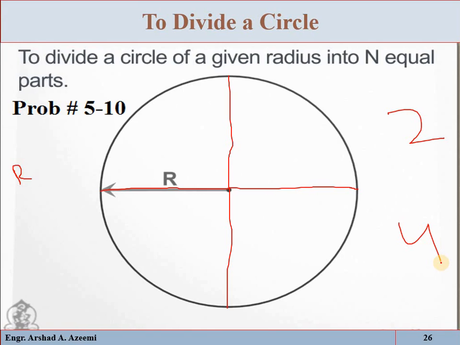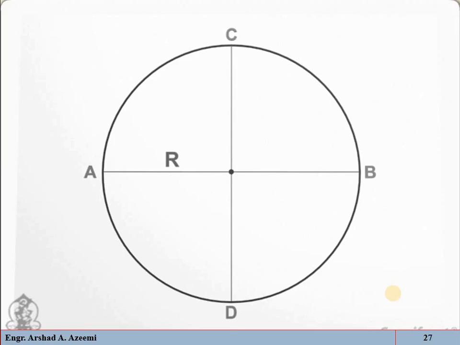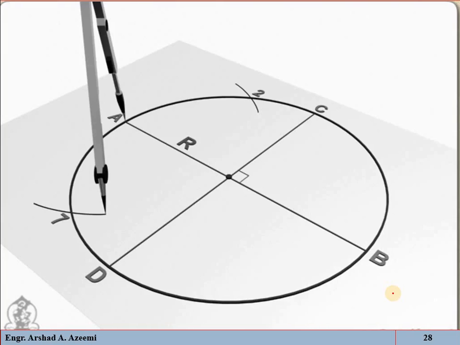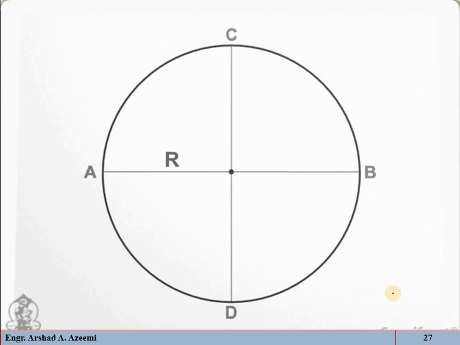Now suppose you are dividing this circle further into a number of parts. So just draw a circle of the given radius, and mark the two diameters perpendicular to each other. Suppose this is diameter AB and diameter CD, these two are perpendicular to each other. So the circle is divided into four equal parts.